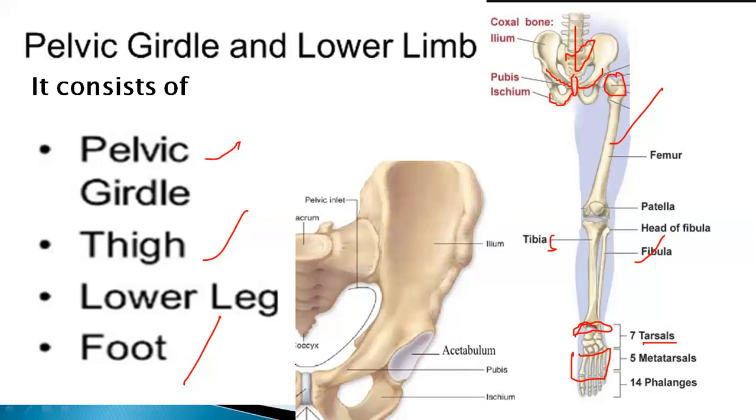So you can see here in the pelvic girdle the complete structure. This is acetabulum, where femur is joined, and this is also a ball and socket joint. This one is pubis, which is joined here by pubic symphysis, and this is ischium, and this one is ilium, the largest part, where most of the muscles are joined.